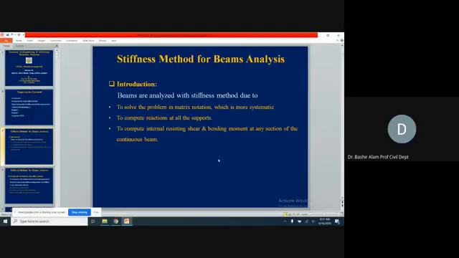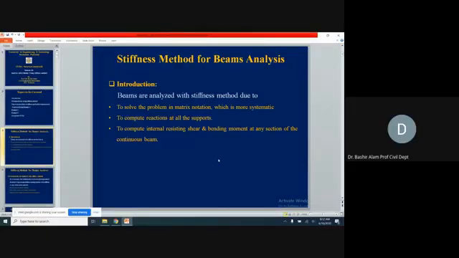Now, why are beams or these structures analyzed with the help of the stiffness method? The reasons are that it is systematic. You can find the support reactions with the help of this method, and you can find the internal member actions also, which can be axial forces, shear forces, or bending moment.